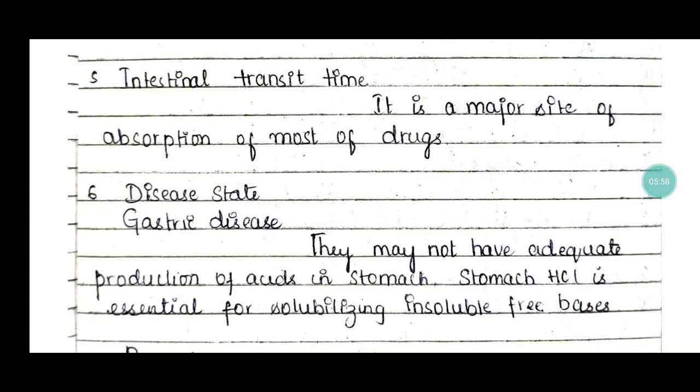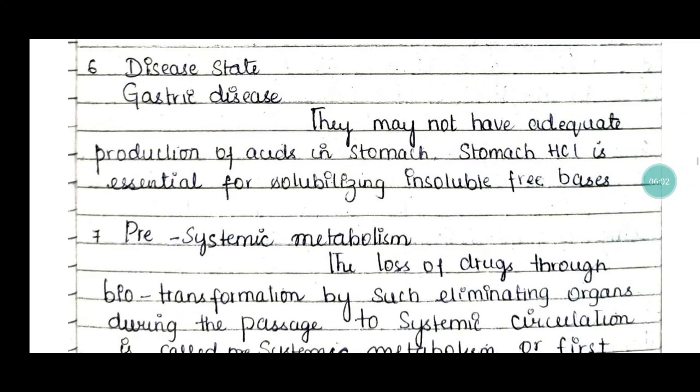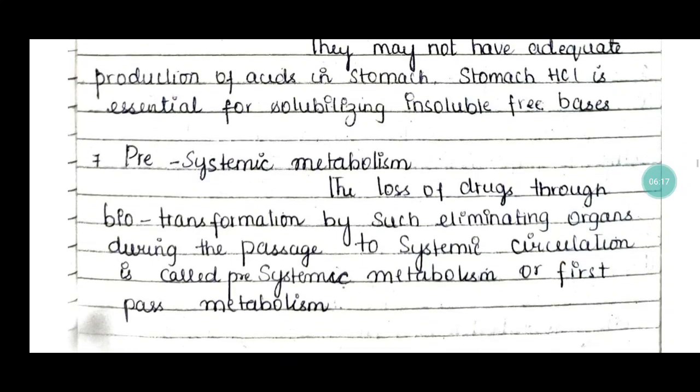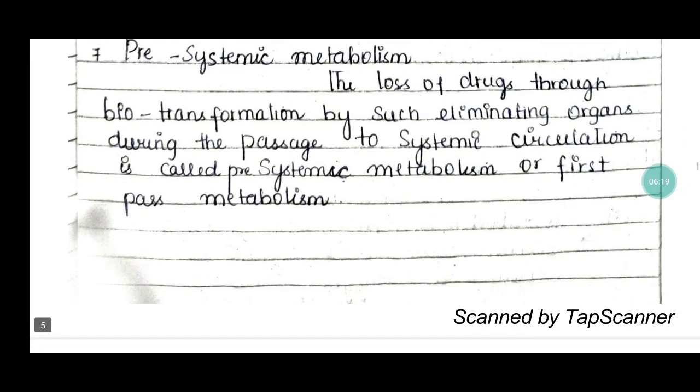Stomach HCl is essential for solubilizing insoluble free bases. And number 7, pre-systemic metabolism. Loss of the drug through biotransformation by eliminating organs during passage to the systemic circulation is called pre-systemic metabolism or first pass metabolism.